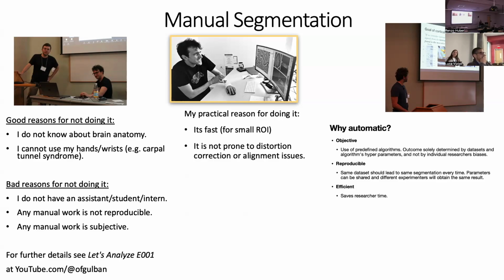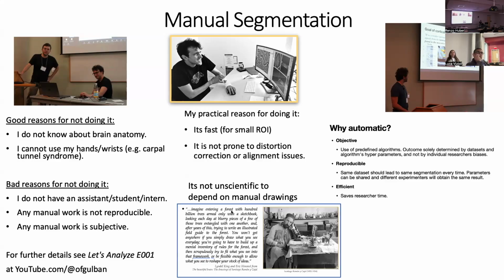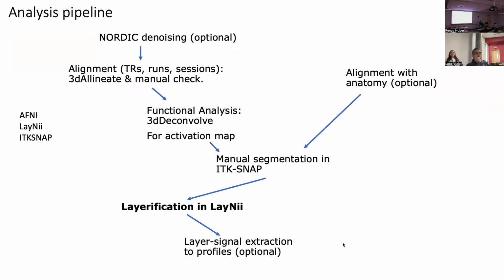Do you want a user-independent analysis, or do you want a different trade-off to maybe have higher quality and then lose this reproducibility and user independence? I certainly think, copying this from Farouk here, that it's not unscientific to do manual correction or segmentation. You can in fact win a Nobel Prize with just drawing things that you see. And it of course depends on your study.